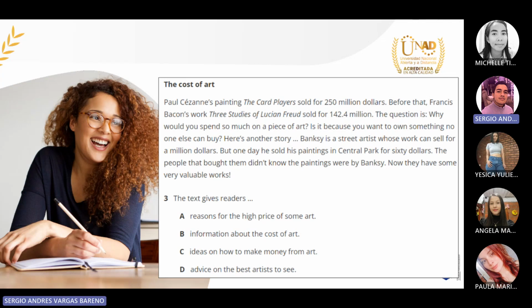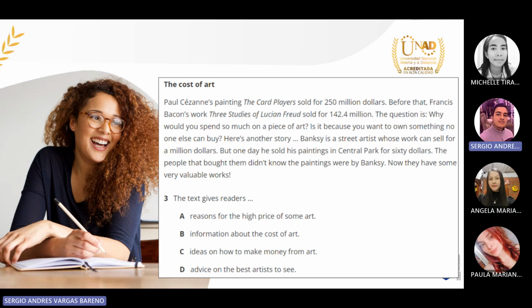The cost of art. Post sessions painting, the card players sold for 215 million, $50 million. Before that, Francis Bacon's work, Three Studies of Lucian Freud, sold for 142 million. The question is, why would you spend so much on a piece of art?